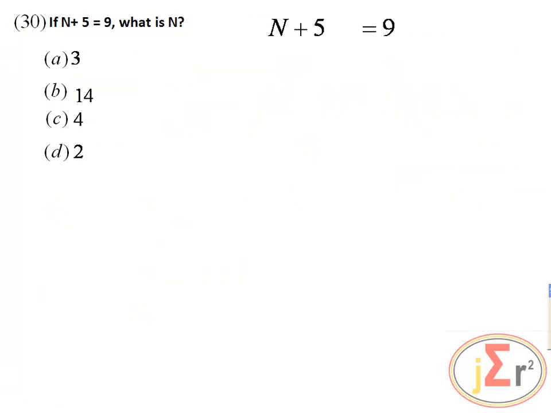If n plus 5 is equal to 9, what is n? I always say that common sense is greater than mathematics, and I am always prepared to use my common sense rather than some sophisticated mathematical principle.